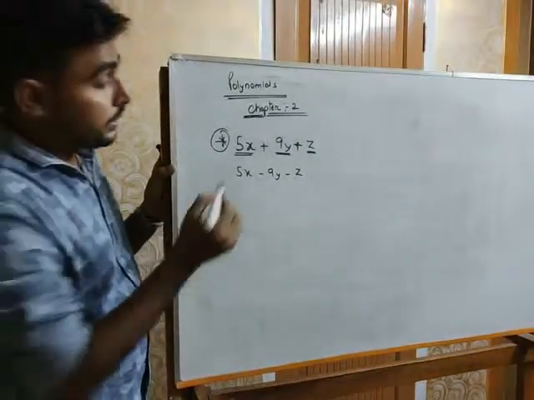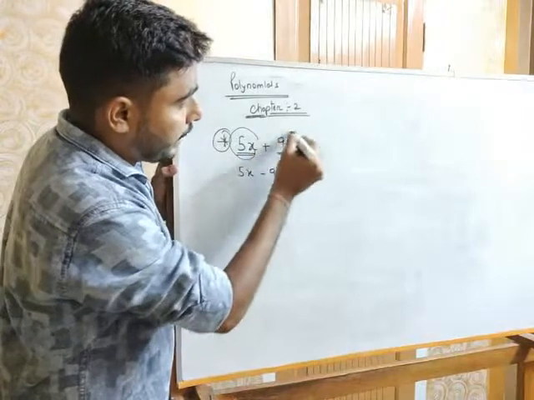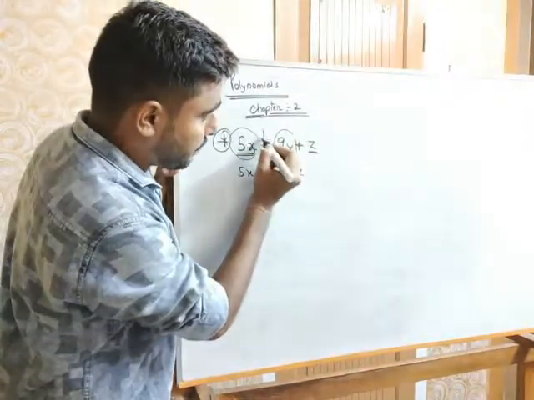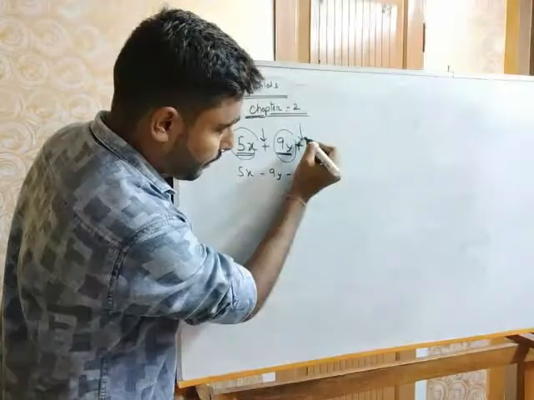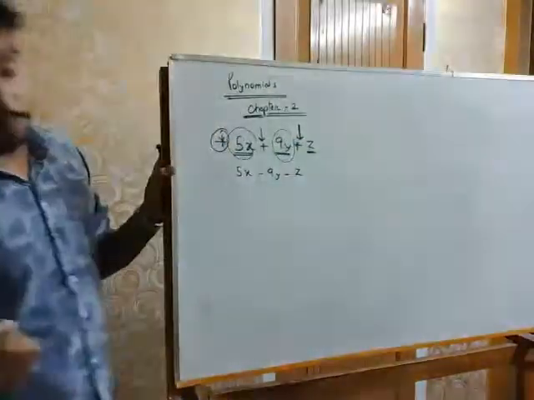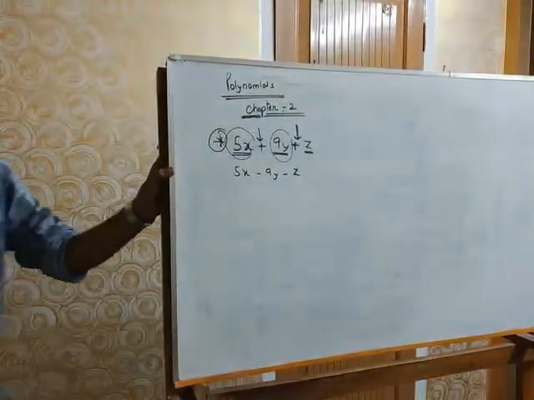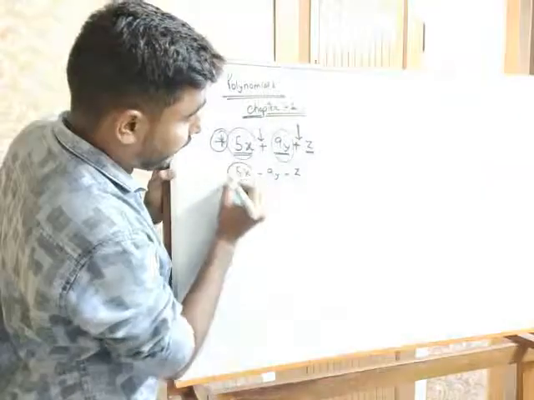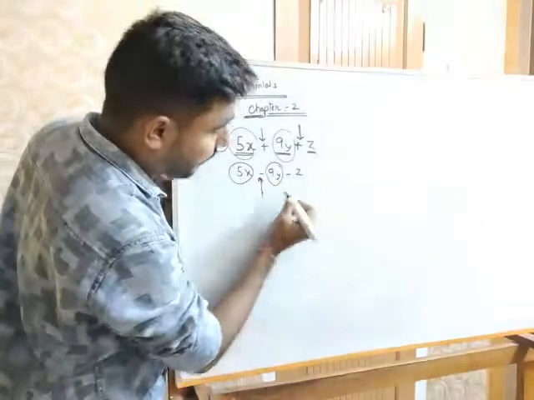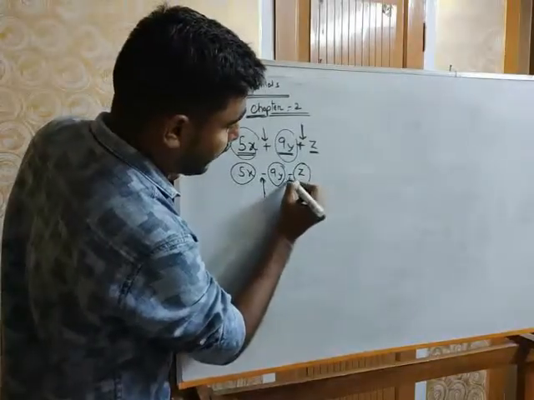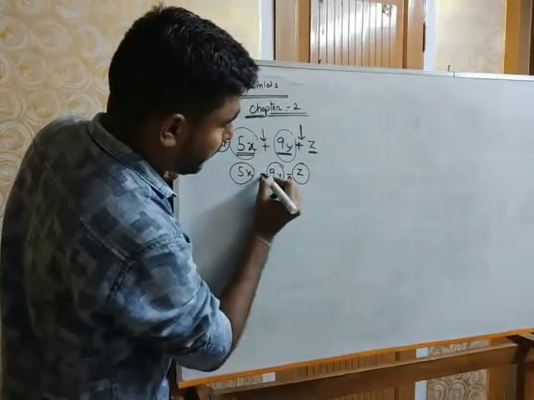You can see 5x and 9y are separated using this plus sign, and 9y and z are separated using this plus sign. Similarly, 5x and 9y are separated using the minus sign, and 9y and z are separated using the minus sign.